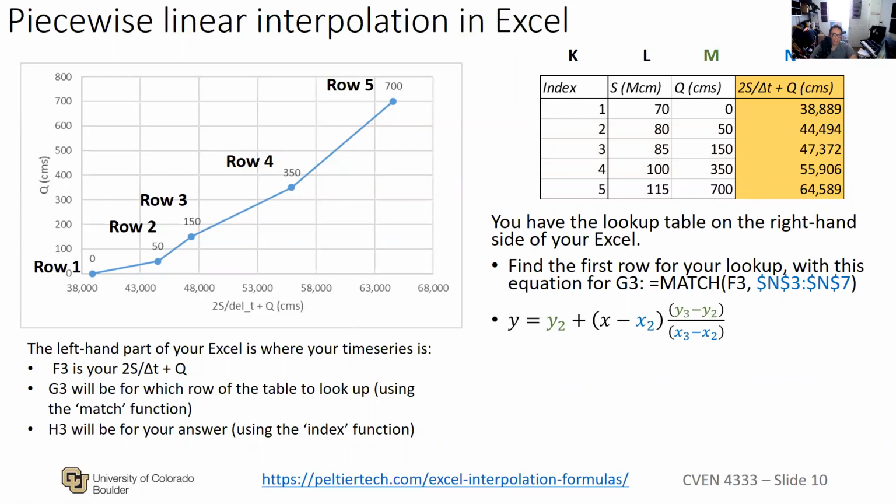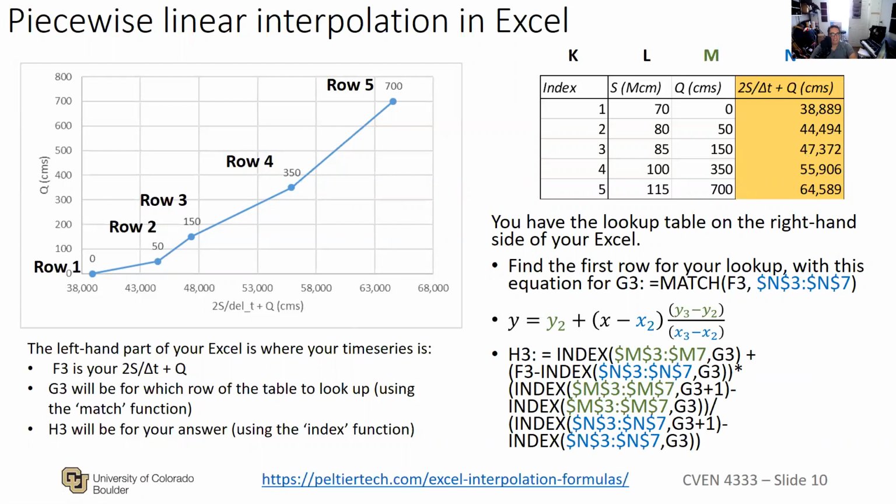So we remember the interpolation equation that we have, and when we put this into Excel form, you can kind of follow along. The value that we're looking for is going to be equal to the Y in the first of the rows we're looking at, in row 2, for example. And I want to know what the value of the second value in this column is.